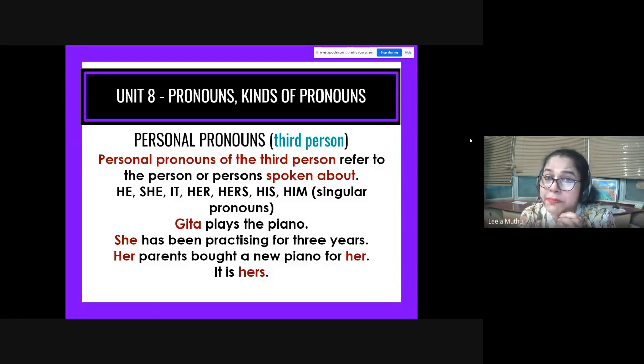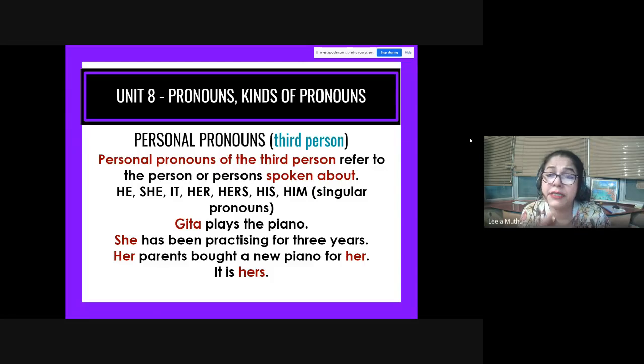Geeta plays the piano. She has been practicing for 3 years. She must be really good. Her parents bought a new piano for her. It is hers.